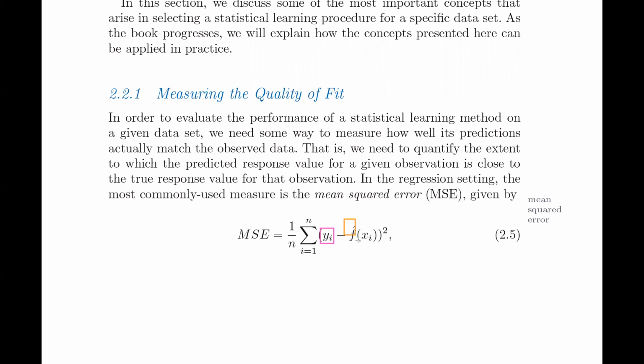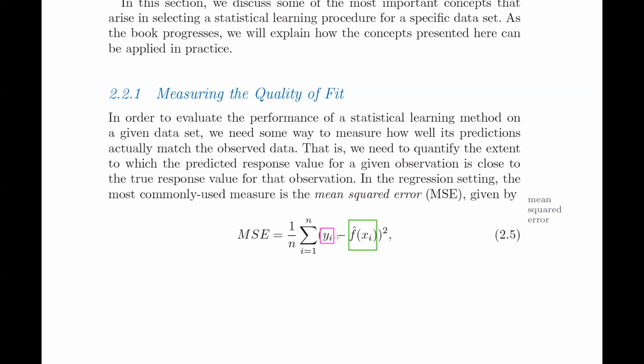The model is f hat. That's usually going to be a mathematical formula. So think of a linear relationship, like a plane. You use f hat to calculate the prediction values. Then you look at the difference between them. And for reasons that we're not going to go into, basically to get a non-negative number, we square.